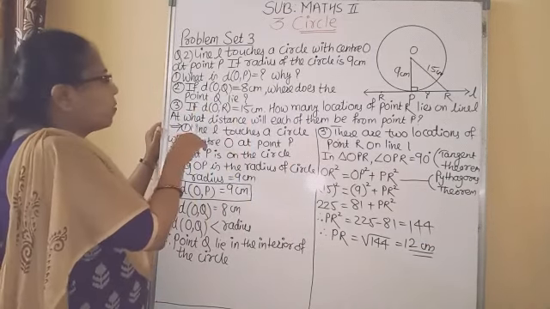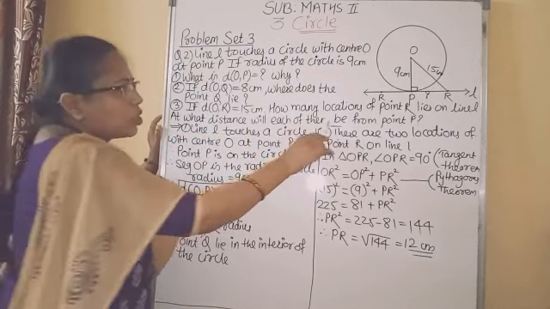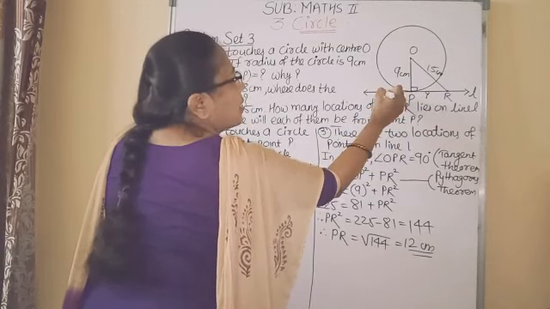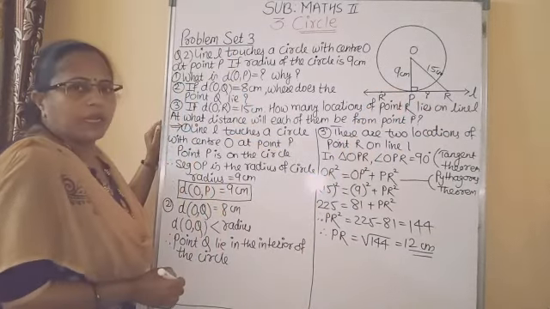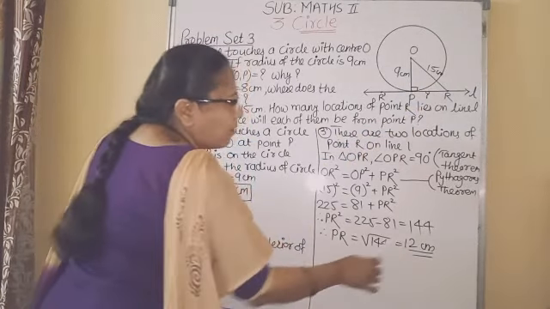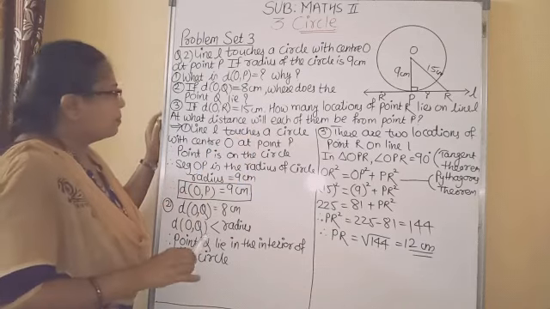So this answer: at what distance will each of them be from point P? Suppose here point R is there, here the next point R dash, and each point is at a distance of 12 centimeter from point P. Okay.